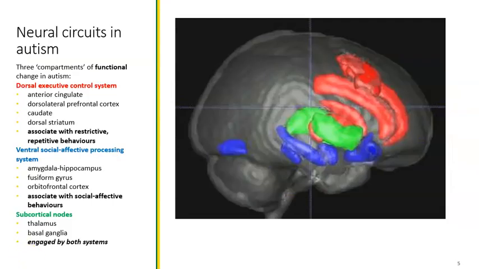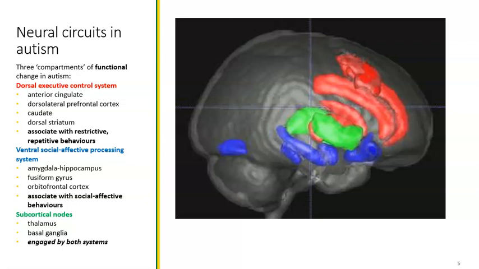So there are a few specific circuits we're going to talk about when talking about autism. There are three main compartments of functional change in autism. We've got the dorsal executive control system, which is in red in the image on your right, the ventral social affective processing system in blue, and then the subcortical nodes.